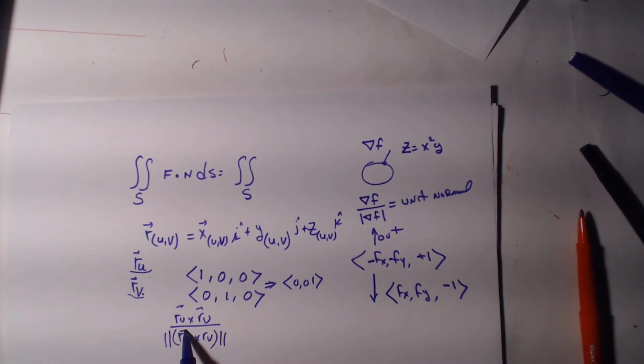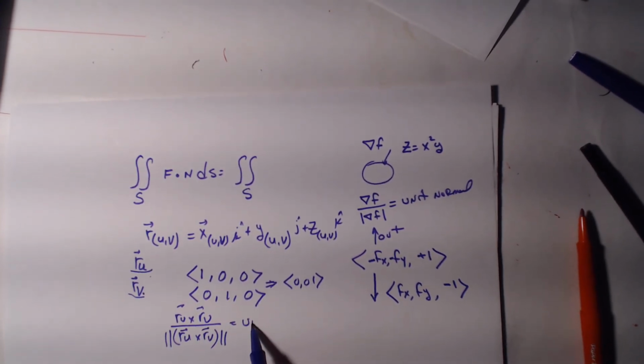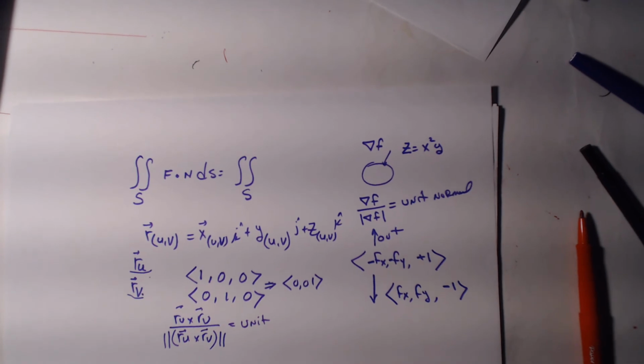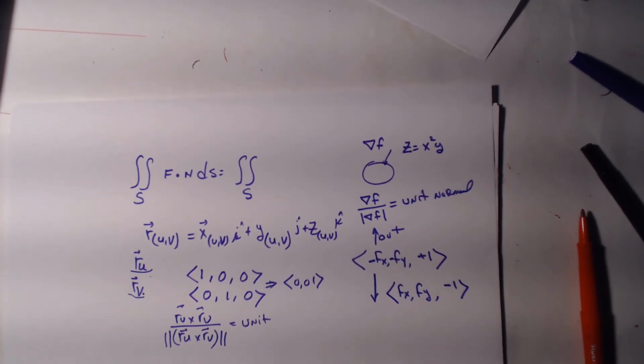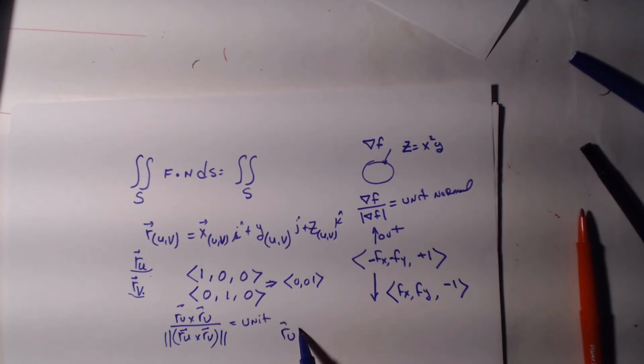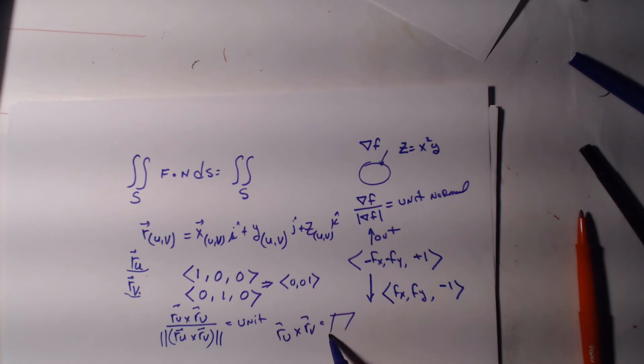And when you divide this one by its magnitude, that gets you a unit normal vector. And you do know when you cross two vectors, that becomes the area of a parallelogram.